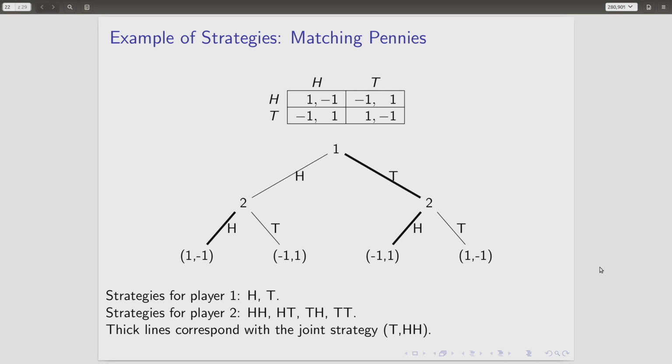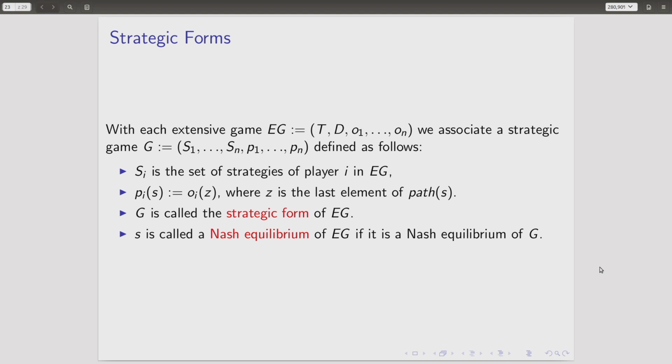Okay, this starts to look more and more like a definition of a strategic game. And in fact, with every extensive game, we can associate a strategic game as follows. We already know what the strategies are. They were just defined before. One line reminder, it's a prescription for a player what he or she does at each node he or she controls.